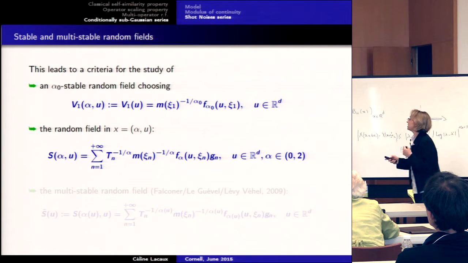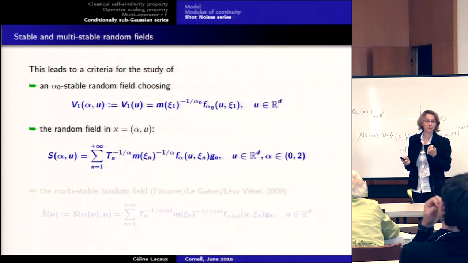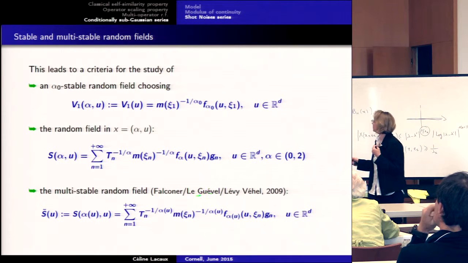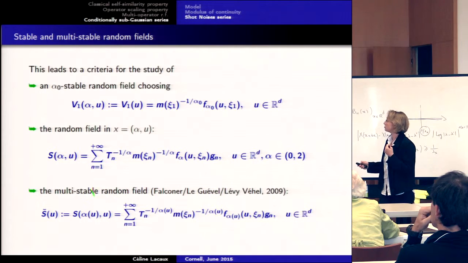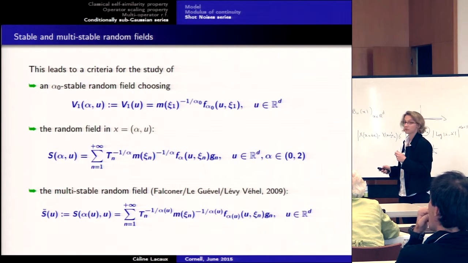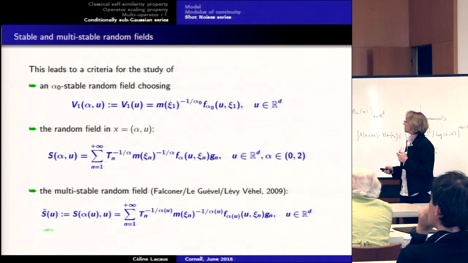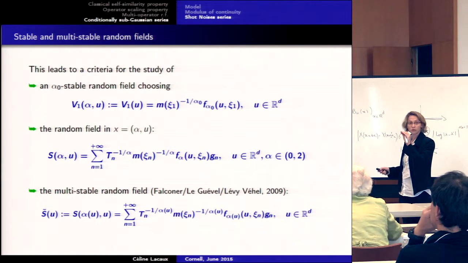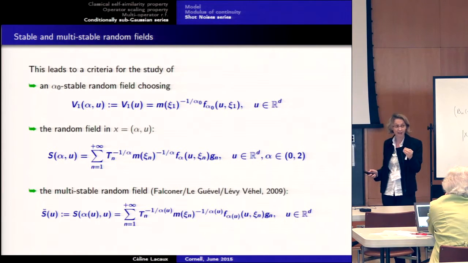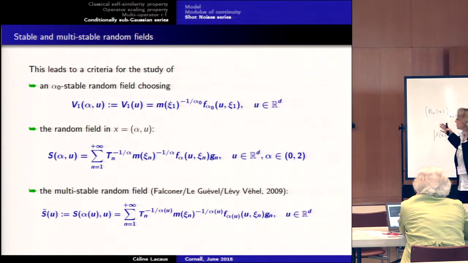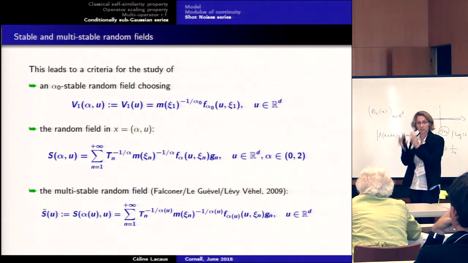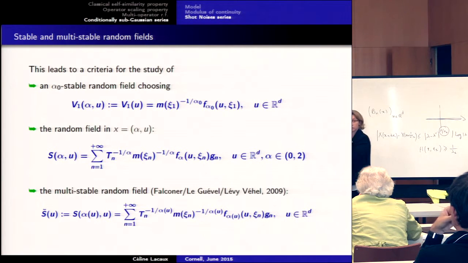And that will give me an idea of the sample path properties of some processes which have been recently introduced by Falconer, Lévy Véhel, and Le Guével, which are called multistable random fields. The difference is that alpha will depend on the position u, and so that means that for a fixed u, you've got a marginal which is alpha stable, but the order of stability is alpha of u. So globally, the process S tilde is not alpha stable, but each marginal is alpha(u) stable.